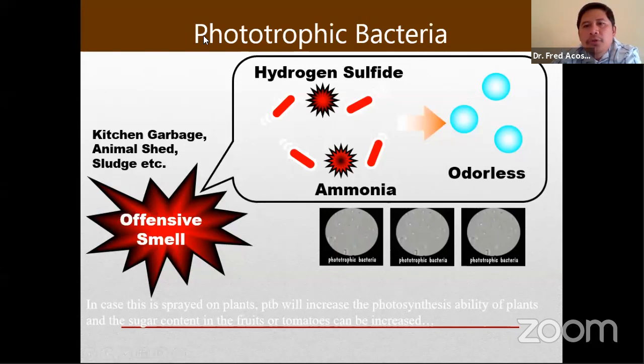So in our animal pens and sheds, we produce odorless animal houses. If we spray this on our plants, the phototropic bacteria will also increase the photosynthesis ability of the plants, and the sugar content in fruits or tomatoes can be increased.